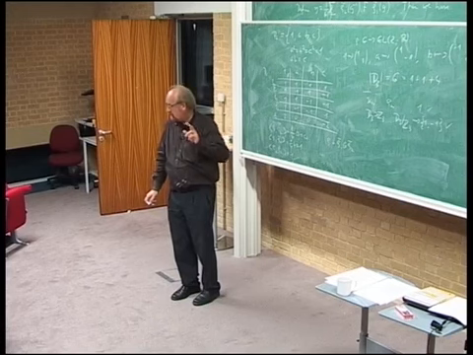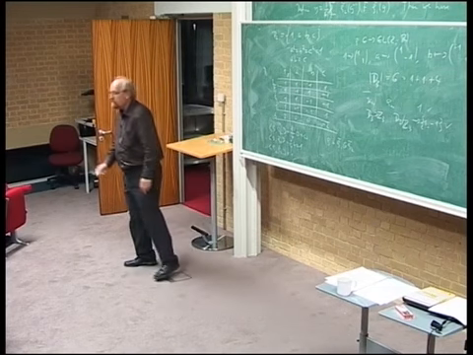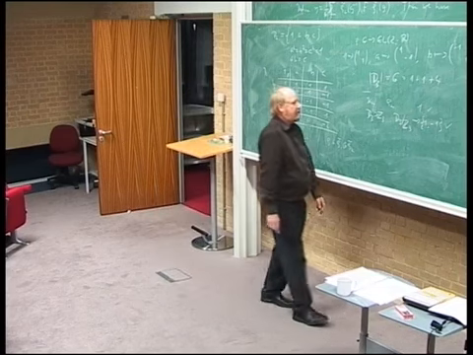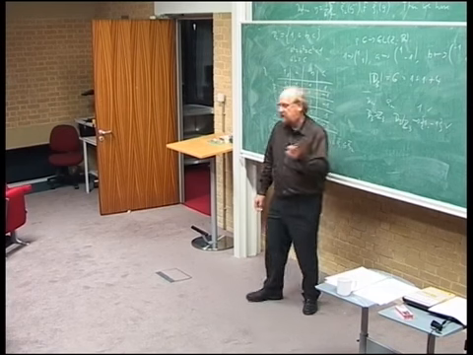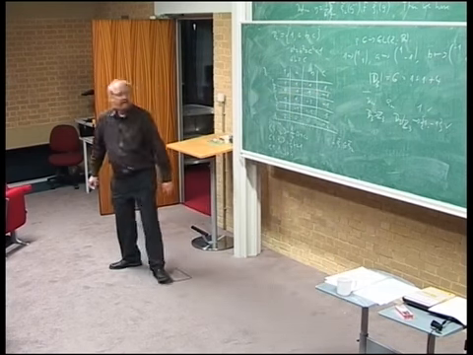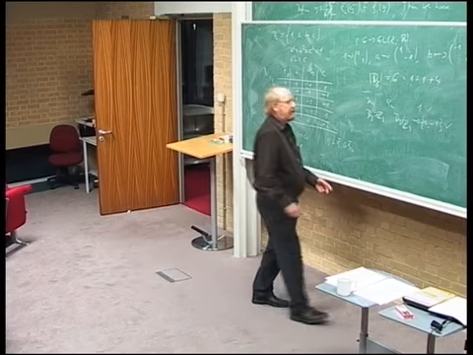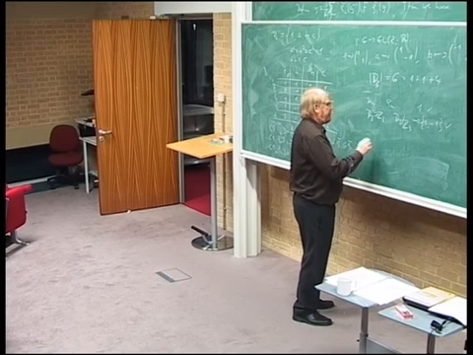So this is not a representation on C, so I have to do it on C2, and so I rotate on C2, and I do the reflection by exchanging the two elements, and then this is a two-dimensional representation.